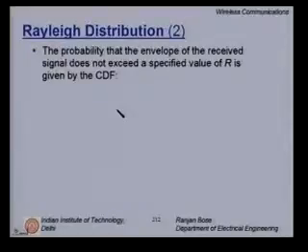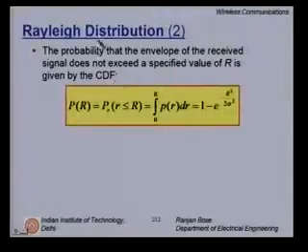The probability that the envelope of the received signal does not exceed a specified value R is given by the cumulative distribution function, the CDF. Now, this is important because you can have a PDF, but at the end of the day you are interested in finding out how often it fades. What is the probability that the envelope received at the receiver is above a certain threshold level?